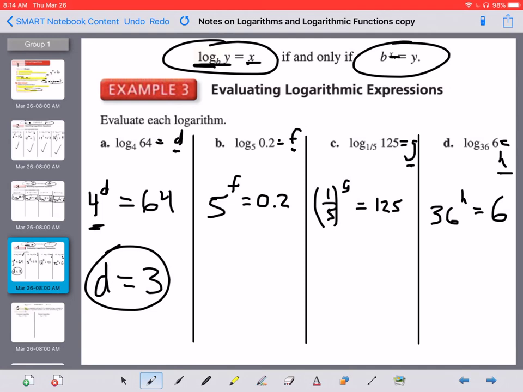This one can be a little tricky. Now, 5 raised to a certain power gives us 0.2, so it became smaller. Raising it to an exponent like squared or to the third or to the fourth is just going to make it bigger and bigger. We want to make it smaller, so using a negative exponent is going to work out.